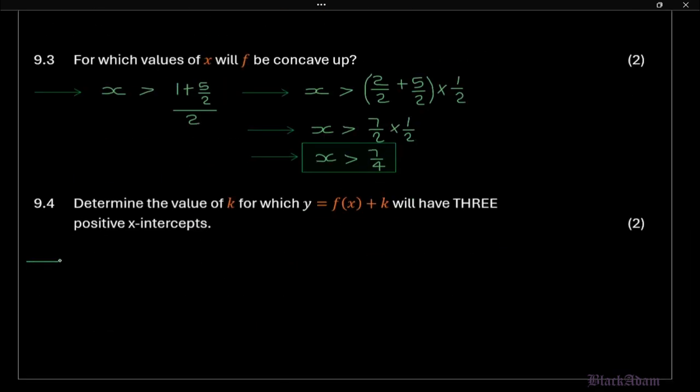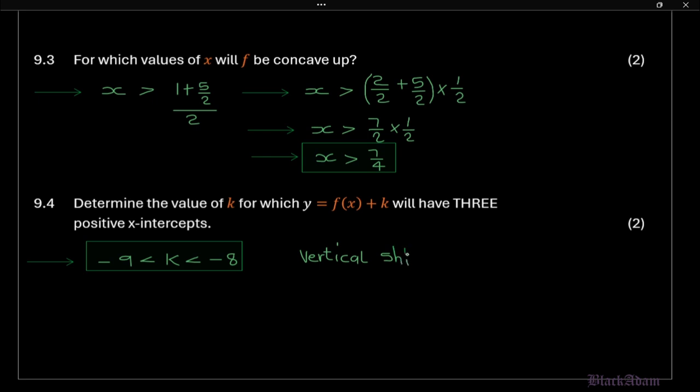So to rewrite that, since we need to have 3 positive x-intercepts, it's -9 less than k, and k less than -8. So it has to move not more than 9 units down and not more than 8 units down according to the turning point.